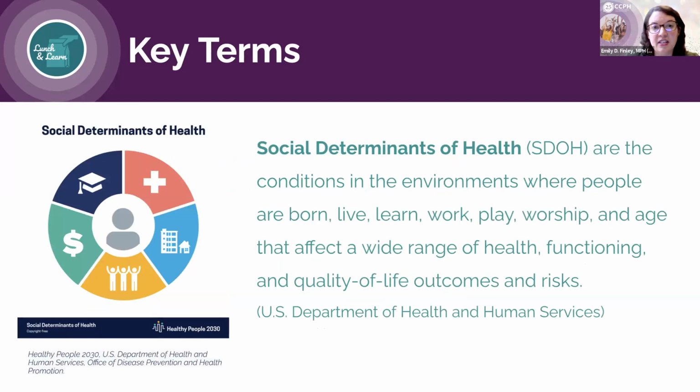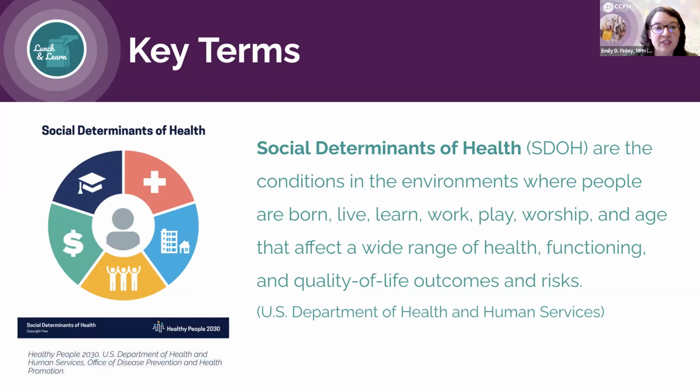So one more key term to tie it together, social determinants of health are the conditions in the environments where people are born, live, learn, work, play, and worship that affect a wide range of health, functioning, and quality of life outcomes and risks.